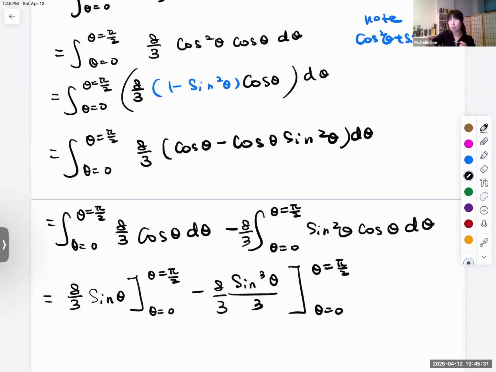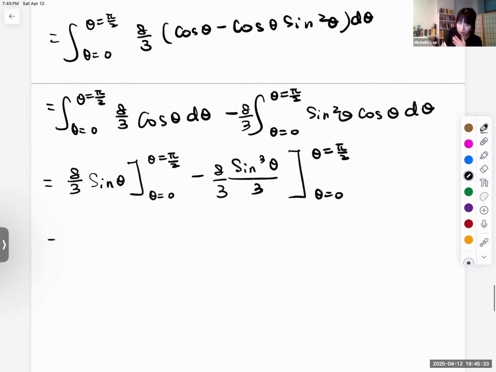Okay. Now, 8 over 3 sine pi over 2. We knew that. Minus sine 0, which is 0, right?